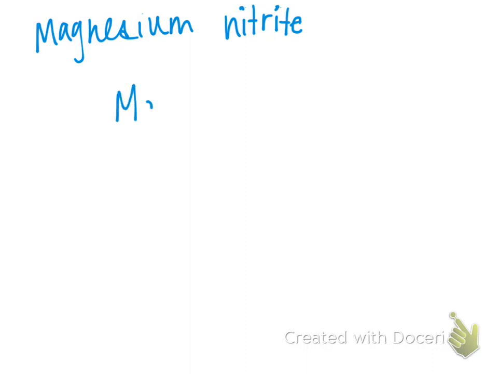Let's say I want magnesium nitrite. Magnesium nitrite. Magnesium's overall charge is +2.